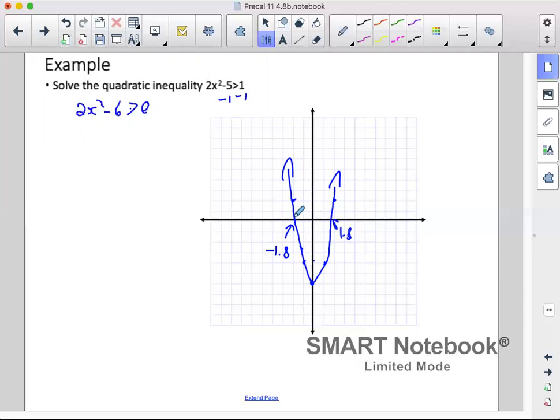Now we can see from here this way, our value is greater than 0, and from here this way, our value is greater than 0. So we'll have two separate inequalities. We'll have x is less than -1.8 from this one, and then x is greater than 1.8 from this one.